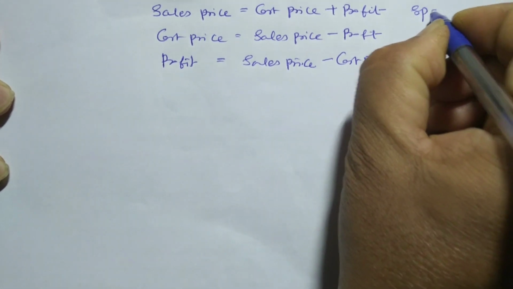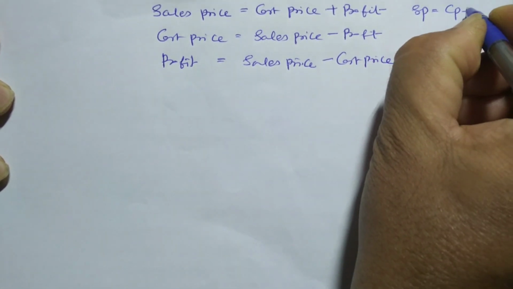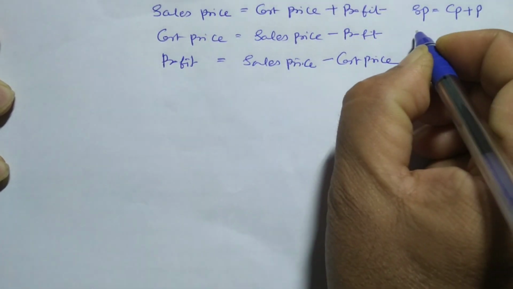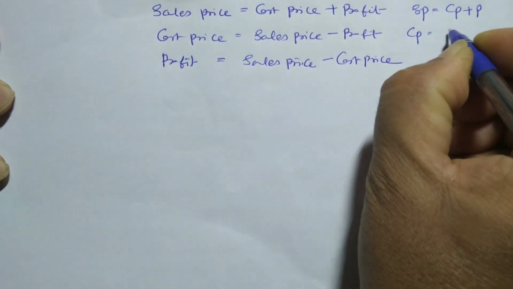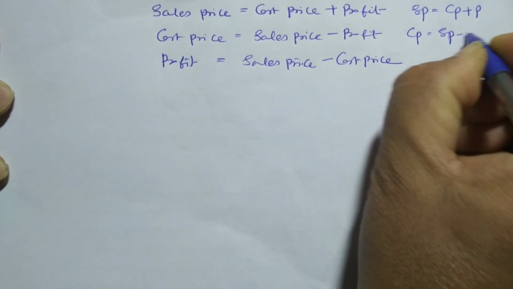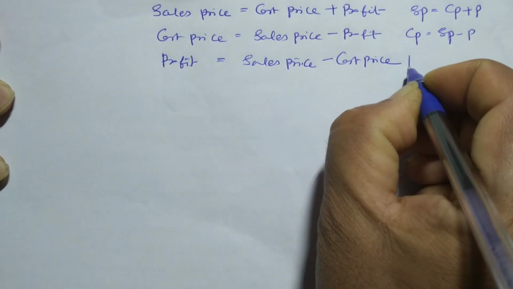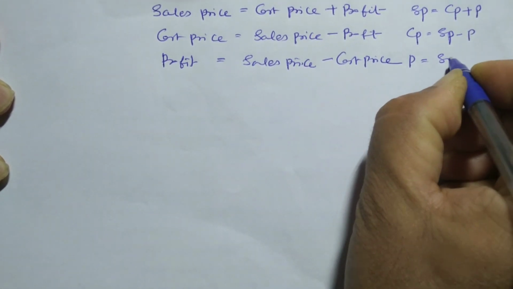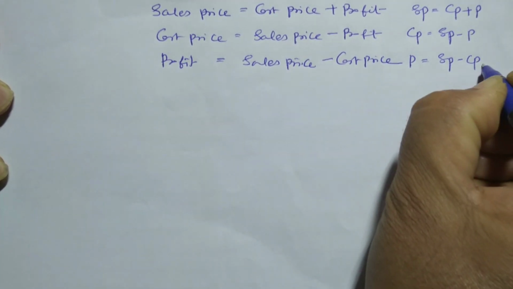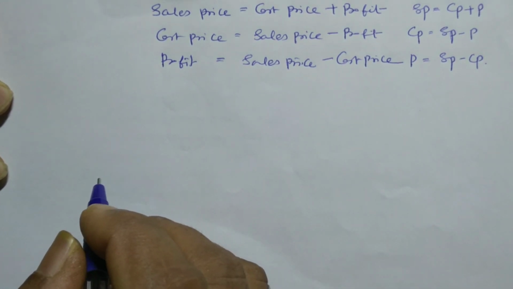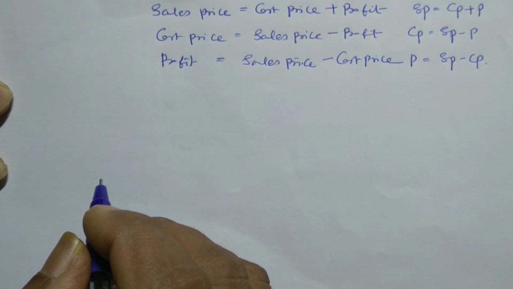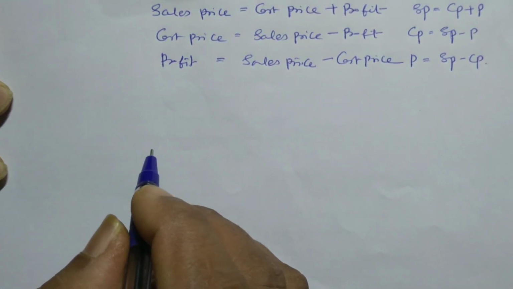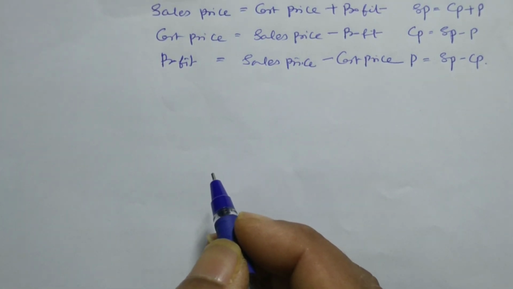The same can be explained like this. SP is equal to CP plus P. CP is equal to SP minus P. P is equal to SP minus CP. Here, profit may be called a loading.